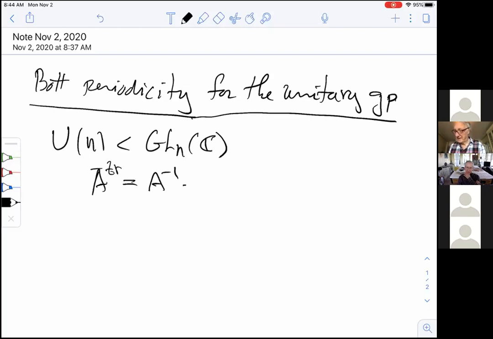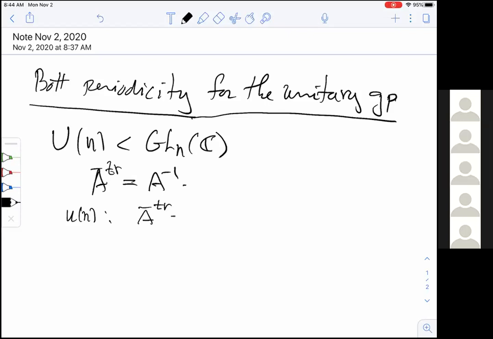If you look at the Lie algebra, the tangent space at the identity, you get the matrices, the derivatives at the origin of these, that satisfy A conjugate transpose is minus A. These are so-called skew-Hermitian matrices.